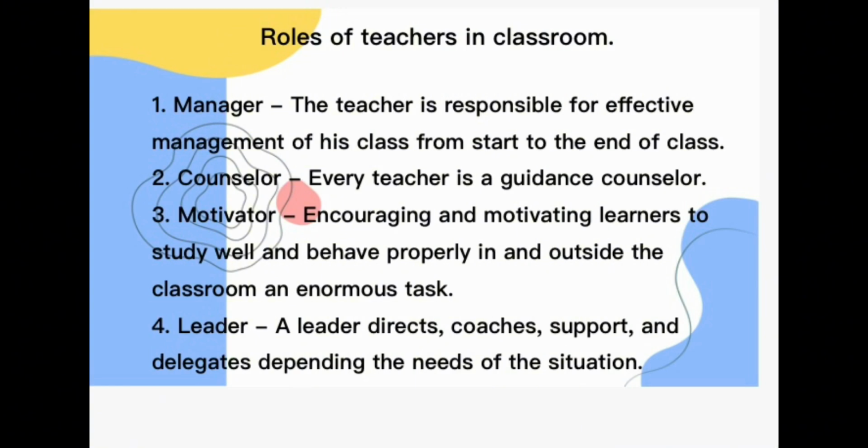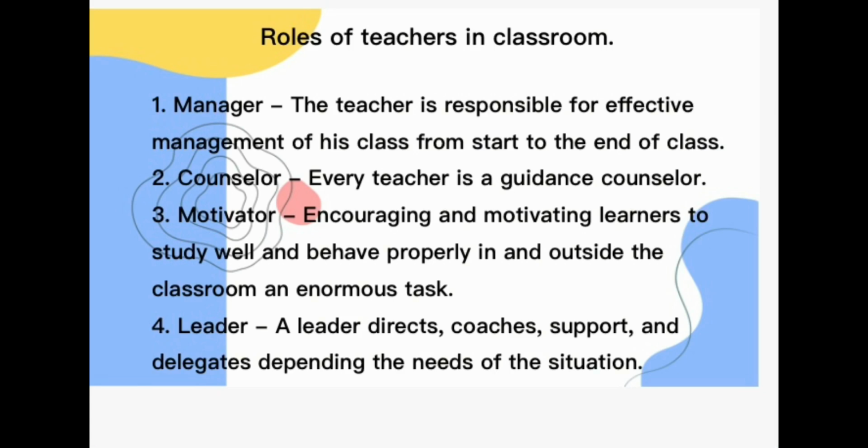Number 3, motivator. Encouraging and motivating learners to study well and behave properly in and outside the classroom is an enormous task. Number 4, leader. A leader directs, coaches, supports, and delegates depending on the needs of the situation.